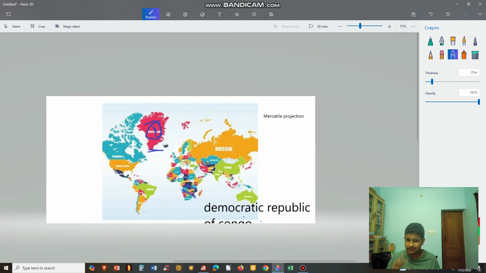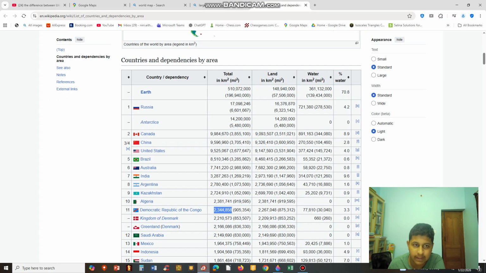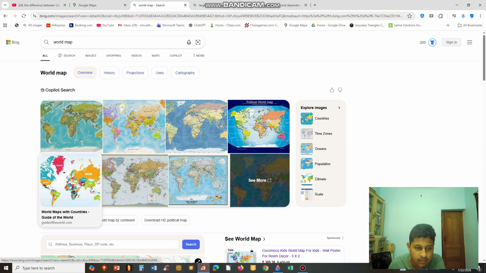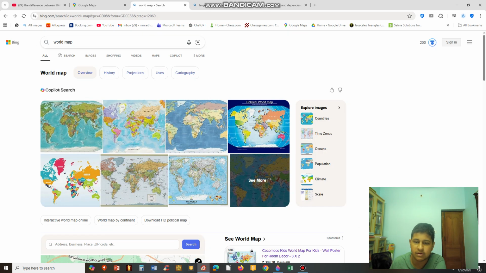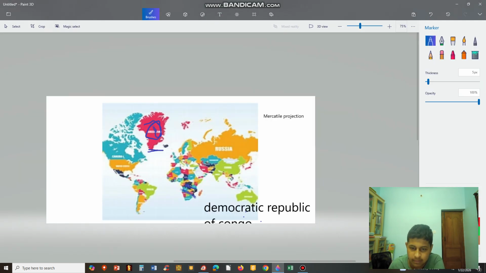Now the second point we're going to talk about is size. Many world maps like these don't usually include New Zealand, and even on my map I cannot see the place.